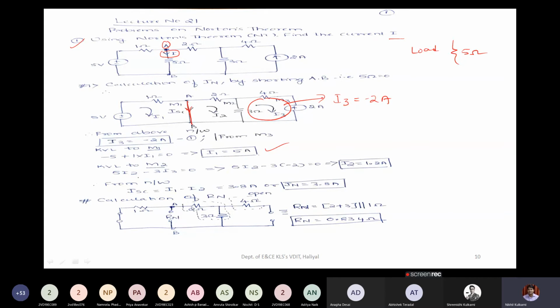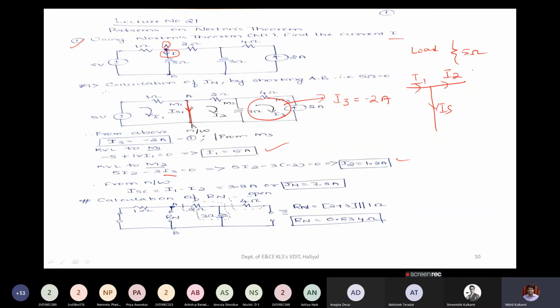I3 we already know and we don't know the I2 value. Substitute I3 here, so we'll get I2 also. But what is the short circuit current? This current we want. This current can be defined in two ways. You have I1 current flowing here, and also I2 current flowing like this.